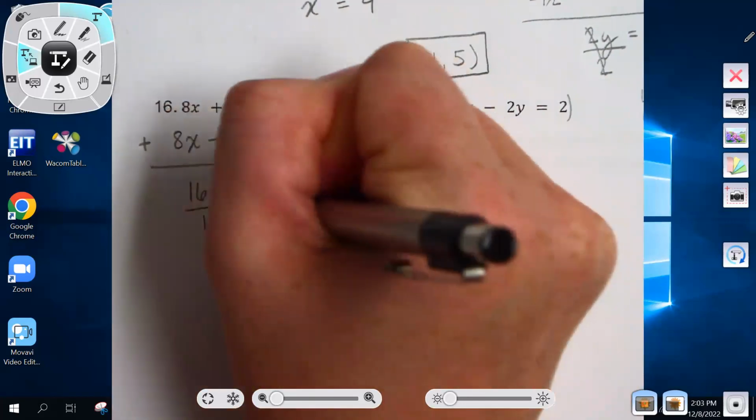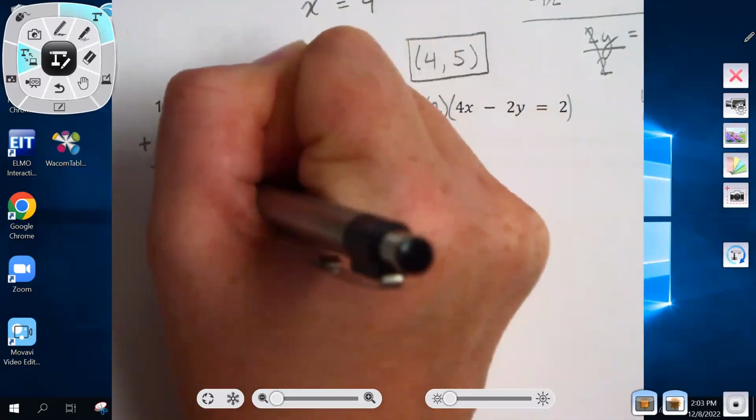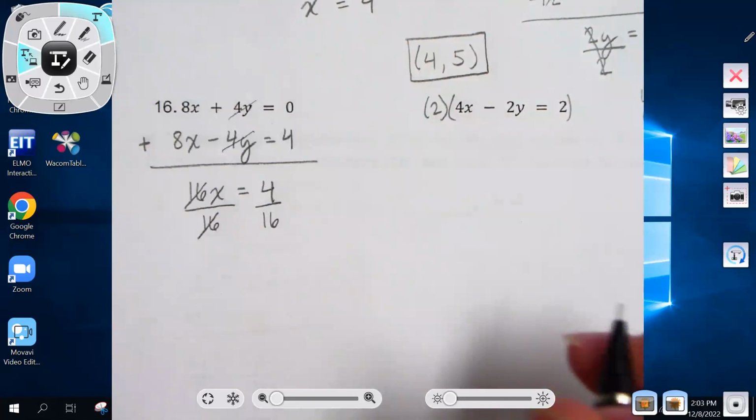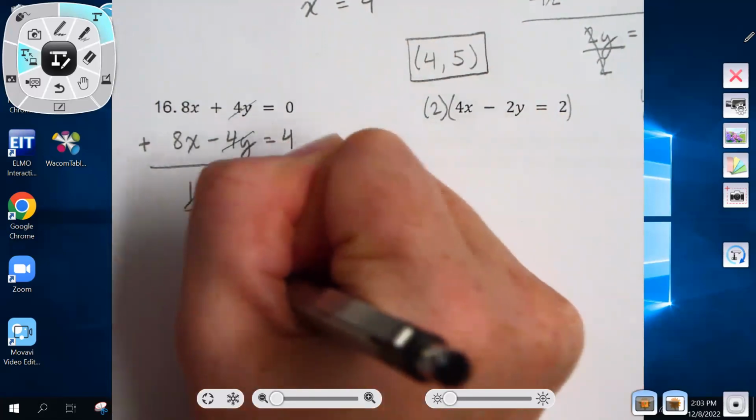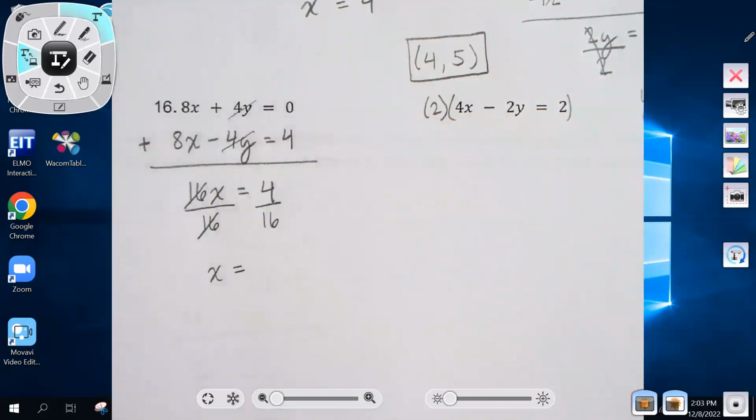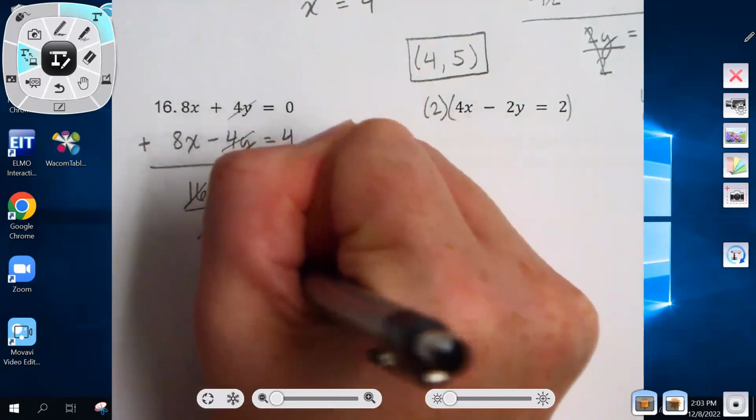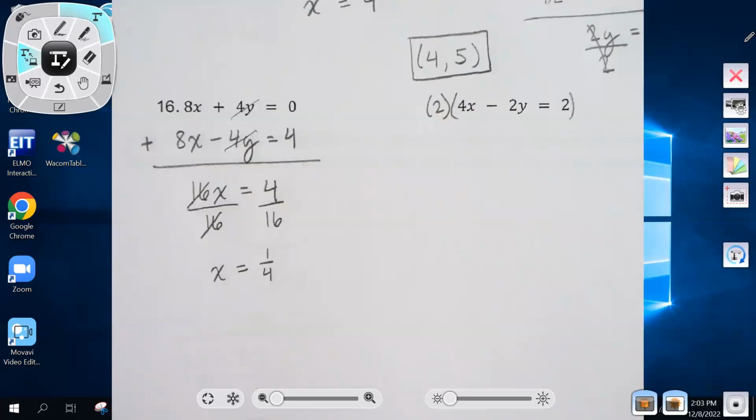Divide both sides by 16. That gets us x by itself. 4 over 16, you can do that in your calculator and simplify the fraction. You get 1/4. If you put 0.25, I'm okay with that too.